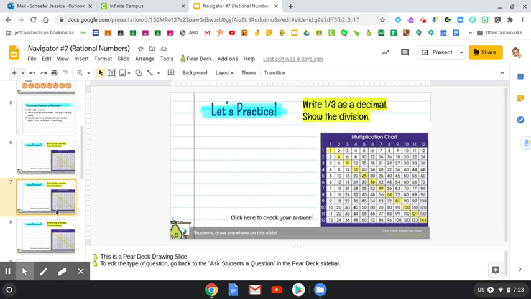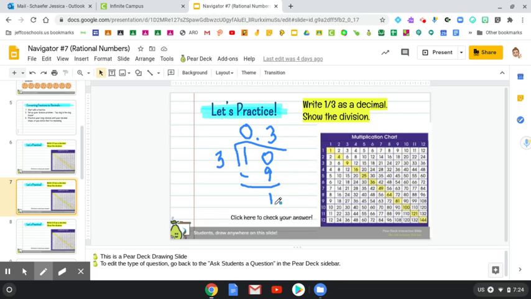All right, for your next one, for 1/3, you're going to put top dog, 1, in the doghouse, 3 on the outside. Again, 3 cannot fit into 1. It fits in 0 times. I don't have another digit, so I'm going to add a decimal, and I'm going to bring in a 0 down below. 3 will fit into 10 3 times, which is 9. 10 minus 9 is 1.